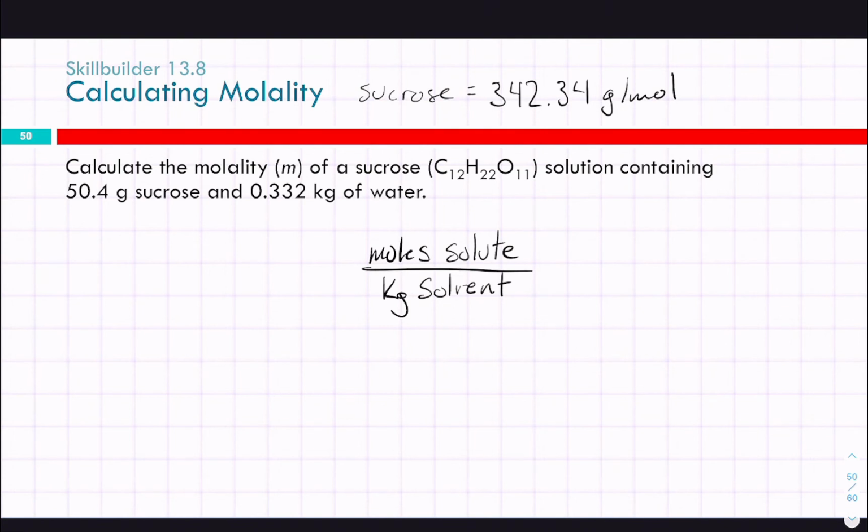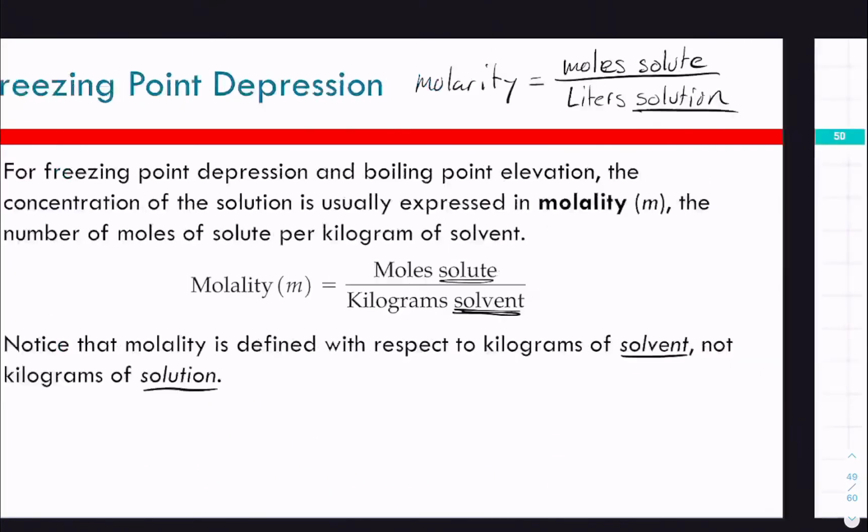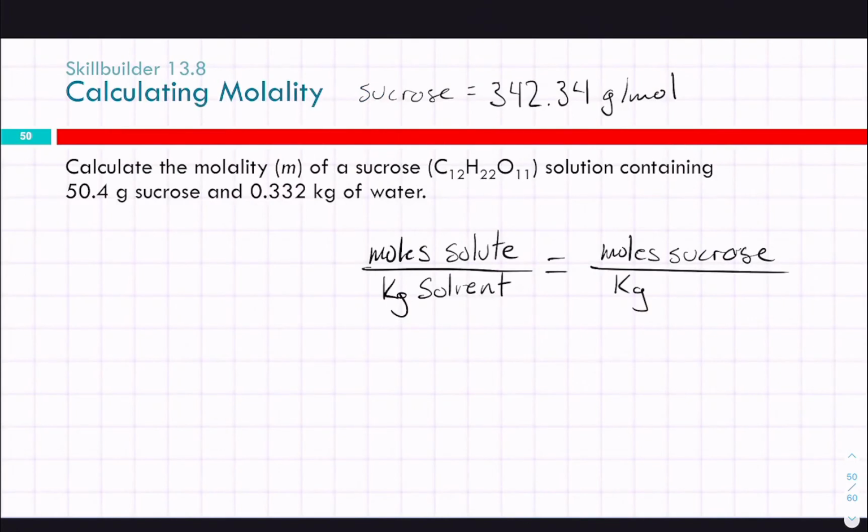So in this case, we have a sucrose solution. So our moles of solute will be moles of sucrose divided by kilograms of water. Okay? So we can take 50.4 grams of sucrose and use the molar mass, which I calculated up top there already.